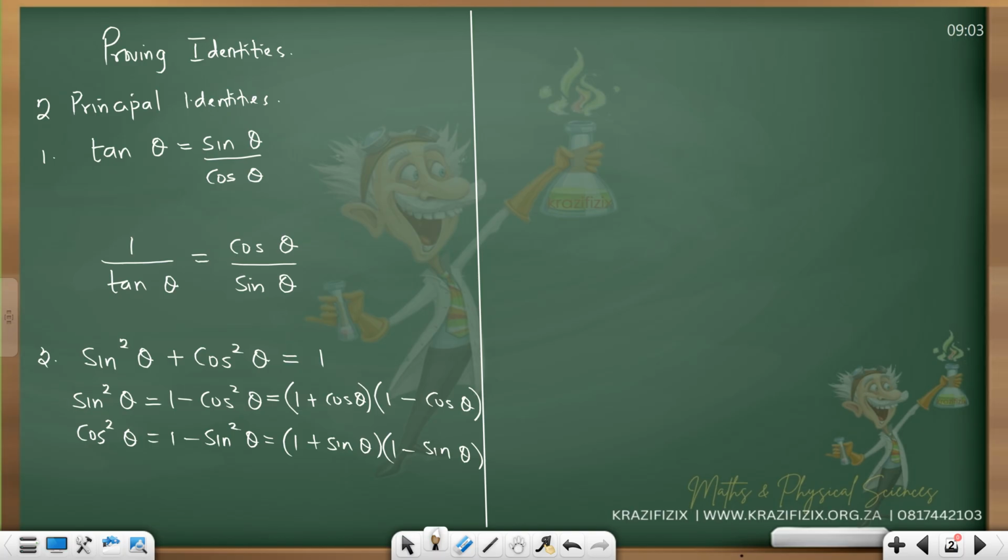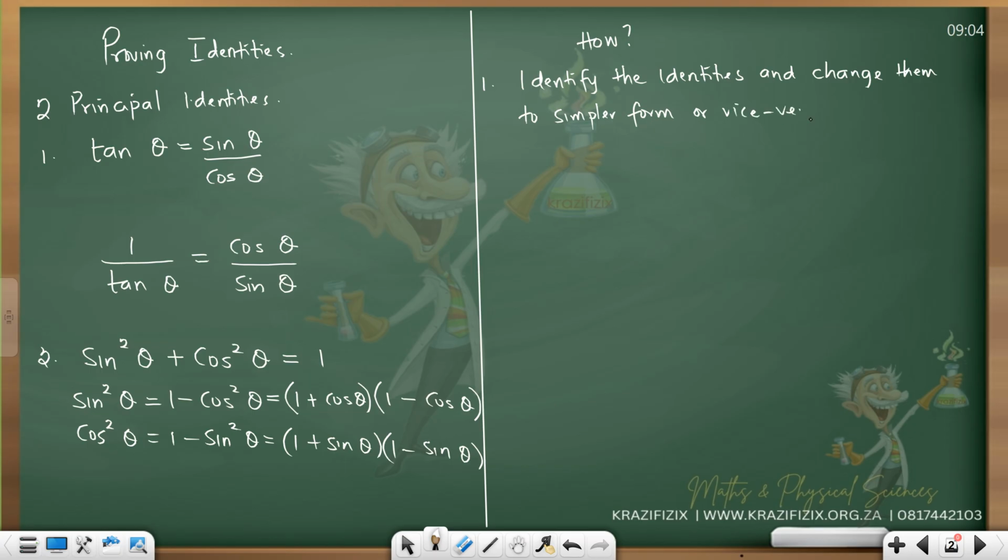Okay. Now, the next thing would be, how do we prove identities? The how. Number one, identify the identities and change them to simpler form, or vice versa as required.